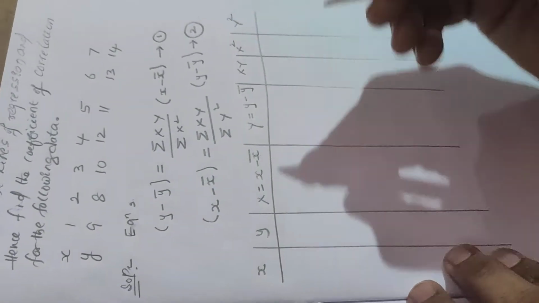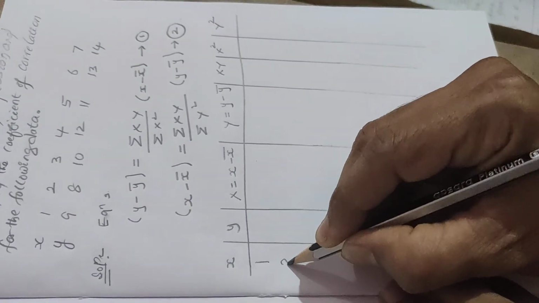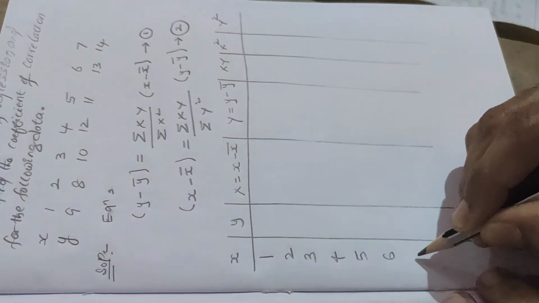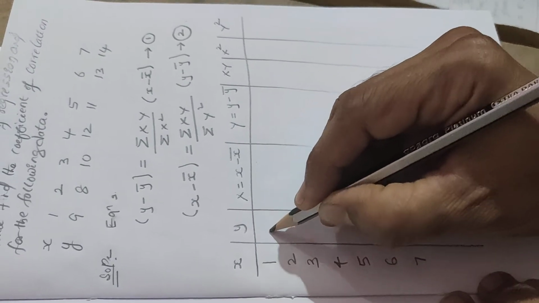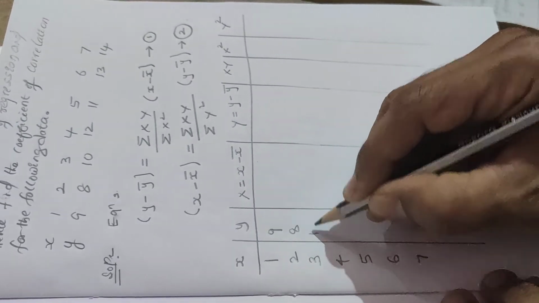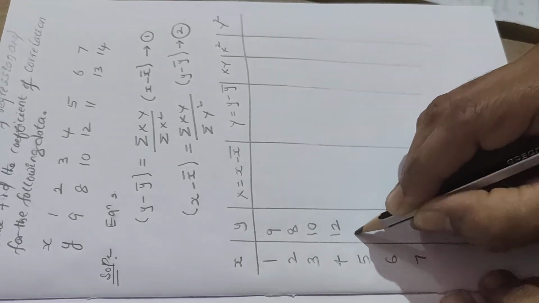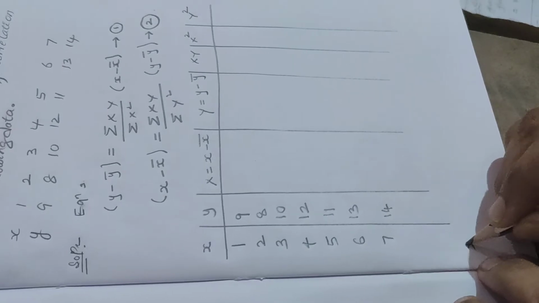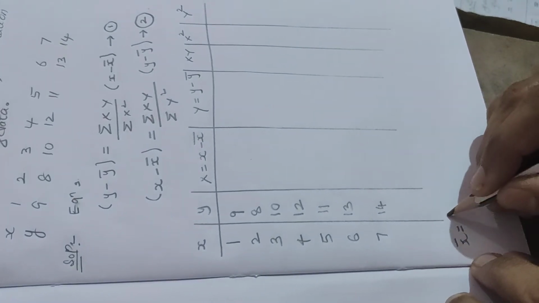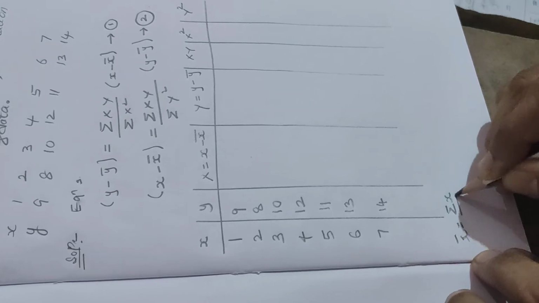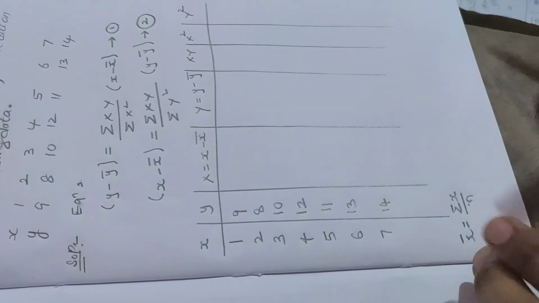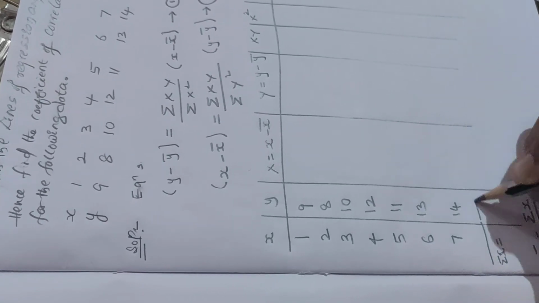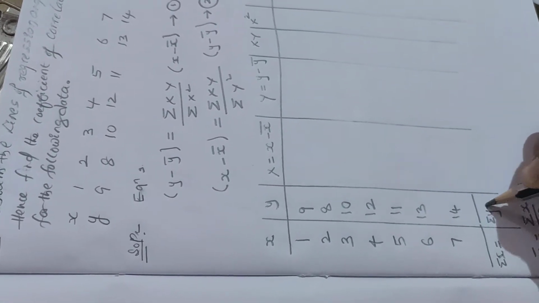The values of x I'll write first: 1, 2, 3, 4, 5, 6, 7. Values of y: 9, 8, 10, 12, 11, 13, 14. So x bar is nothing but the mean, that is sum of x by n. First we'll add the sum of x values, and parallelly I'll add the sum of y.